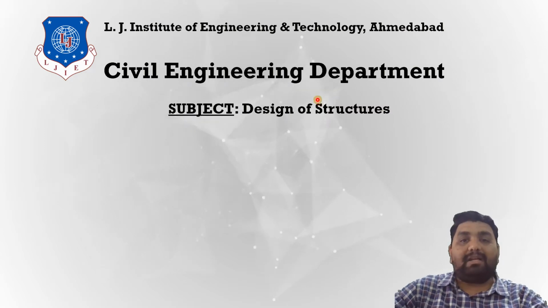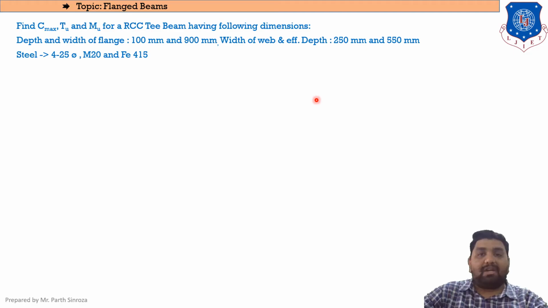Okay? So starting with today's session, the first question here is find Cmax, Tu and Mu for a RCC T-beam having the following dimensions. First we have to know what we have to find out. So Cmax is the compression force, that is the maximum compression force, or in other terms we can say that Cmax is the value of Fc that we already know how to obtain.